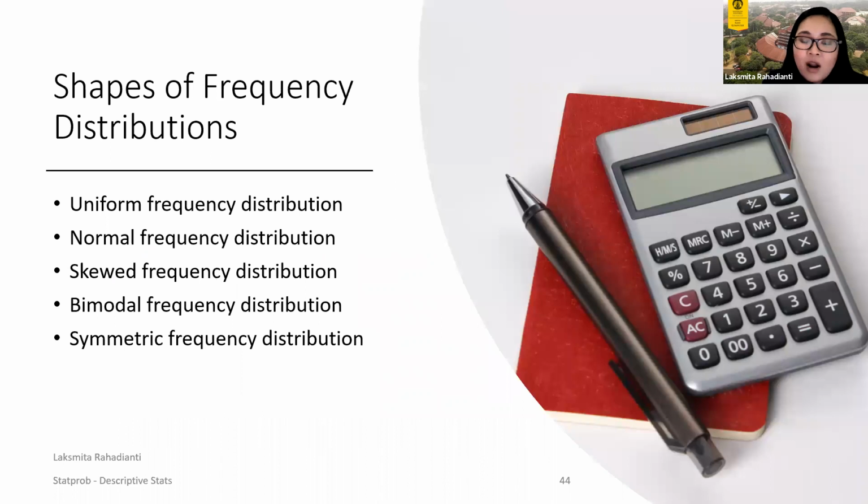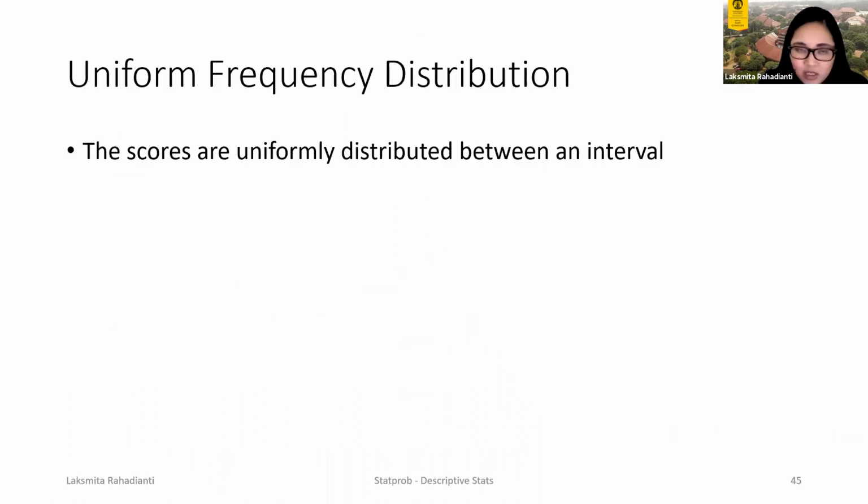These shapes can give you insight and already tell you a lot about the distribution of samples, which in turn will give you a feeling about how the population will be. First of all is the uniform frequency distribution.